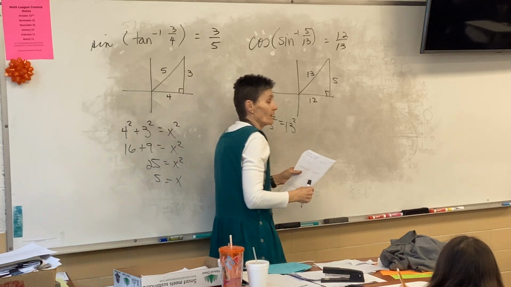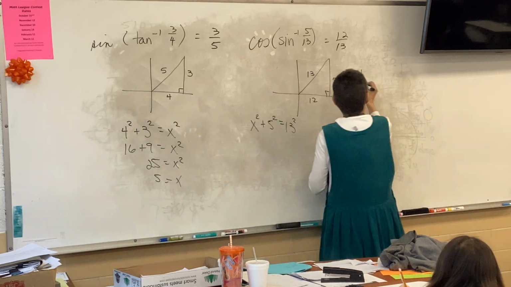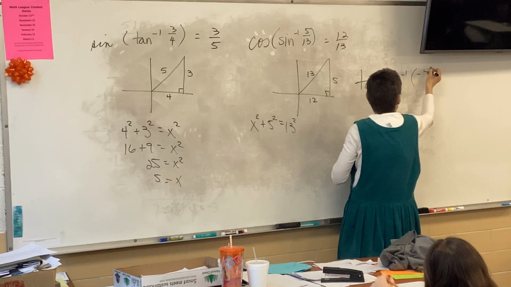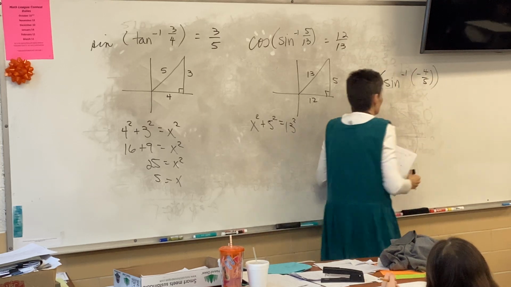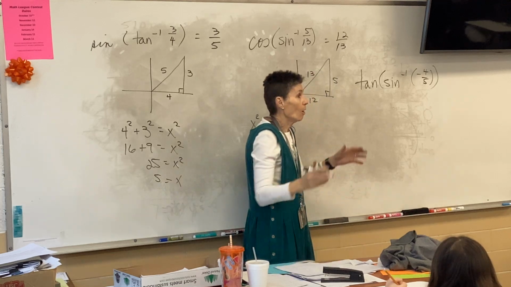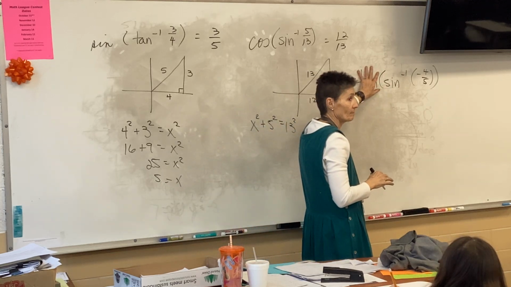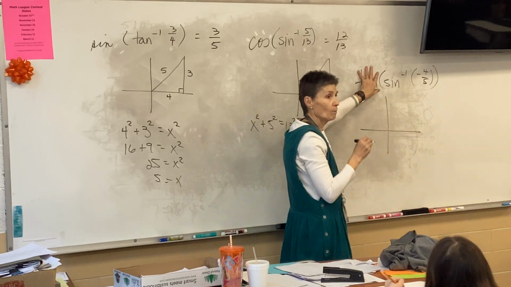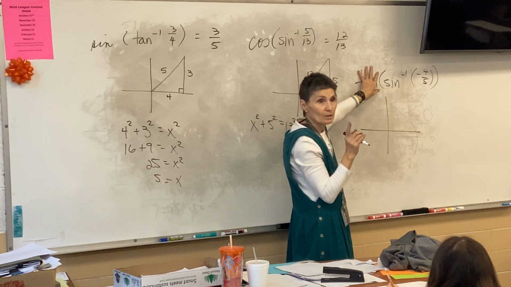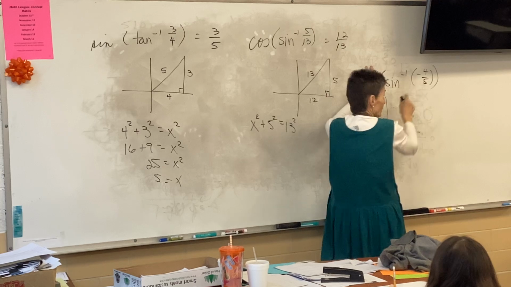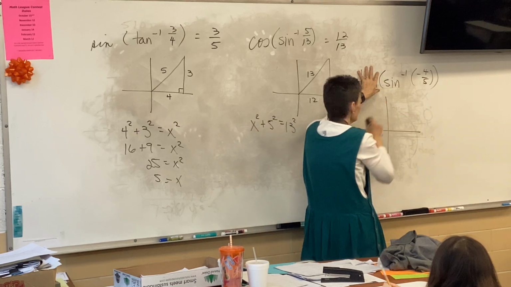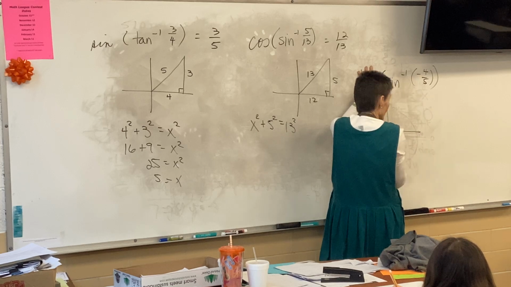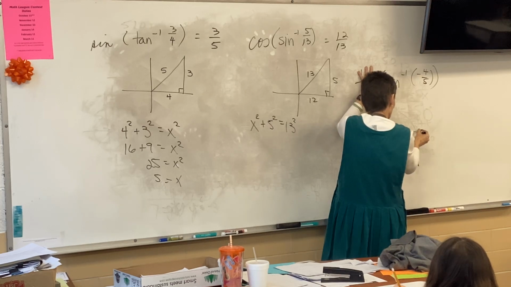One more, and then I'll stop. Okay, so always start inside. Draw your picture. Now be careful. Do you notice that's a negative number? This is a sine, and that's negative, so I'm going to draw it in quadrant 4.